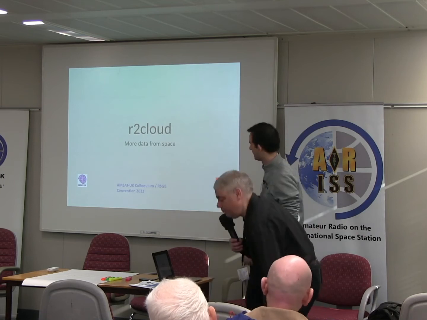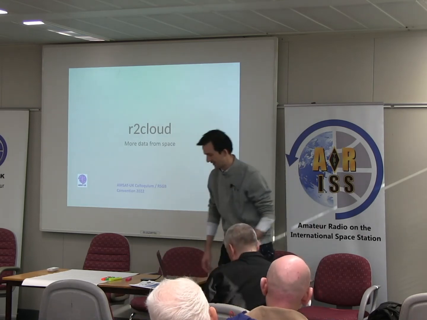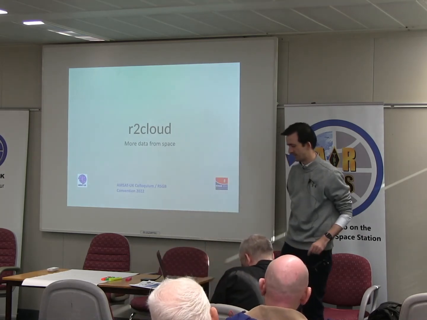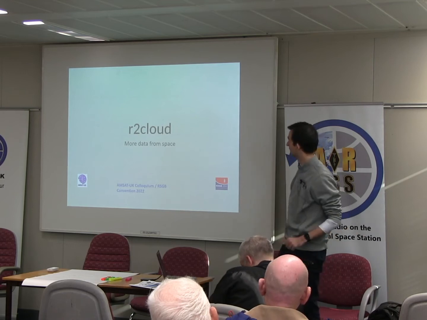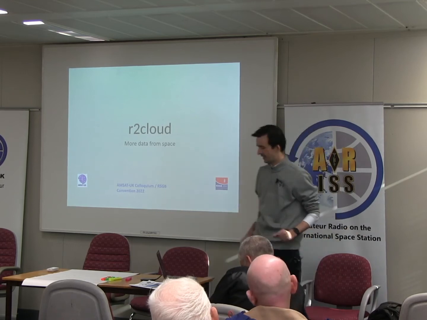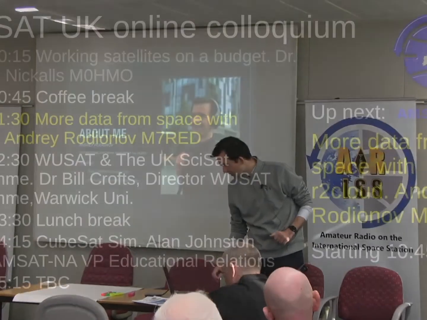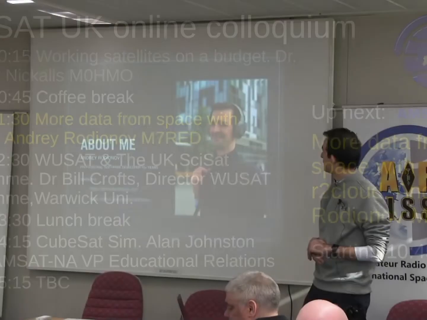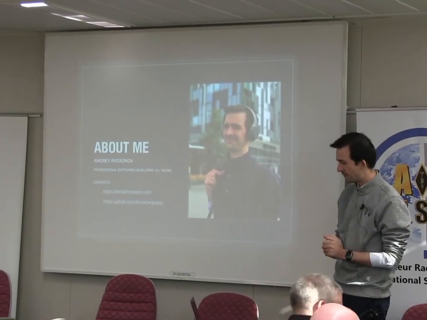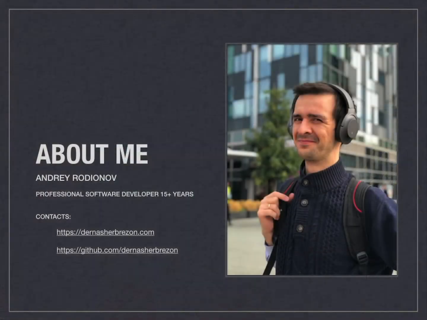Thank you. Hello, my name is Andrey, and I'm a software developer in the r2cloud project. Today I would like to talk a little bit about how to get more data from the satellites from space and why it's so important, at least for my project.